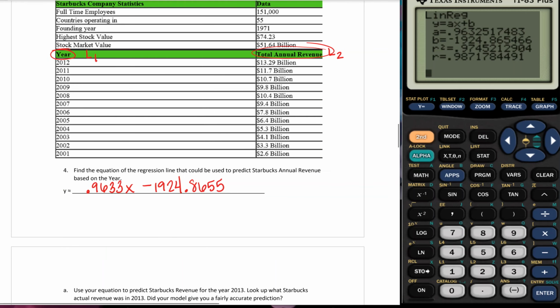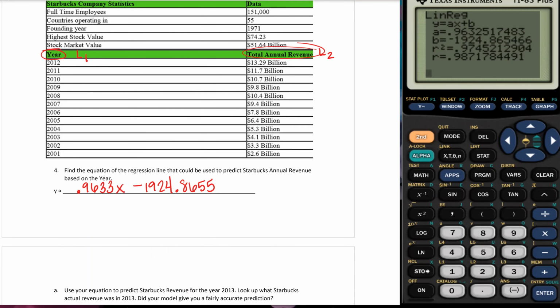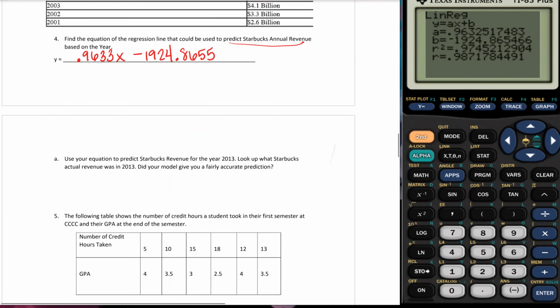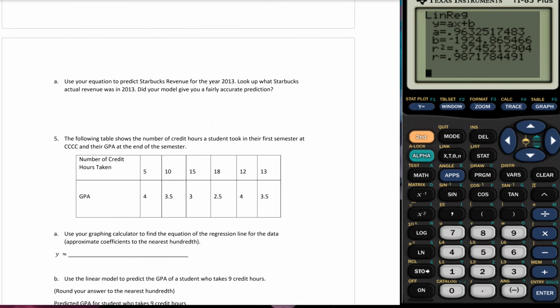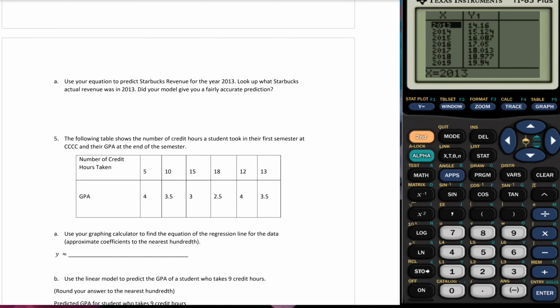Okay, now we're going to use this to predict the Starbucks annual revenue. So it says, use your equation to predict Starbucks revenue for the year 2013. Now again, I could go back to my graph and try to find my line and readjust my window, or I could just hit second table set. And in this case, I plugged in years, so I'm going to put 2013 in, hit enter, and go straight to my table.